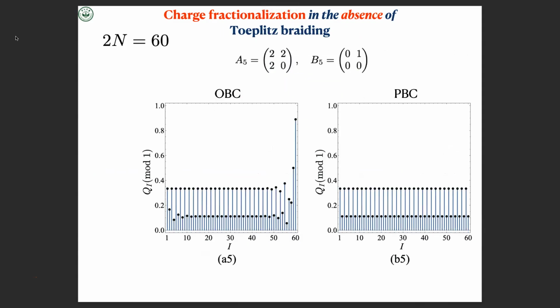But when you choose the fifth example, which has trivial Toeplitz braiding, both OBC and PBC show the same result. When you put the system with open boundary condition along the z direction, we don't have this random distribution, which means that open boundary and periodic boundary have similar distributions of charge fractionalization.